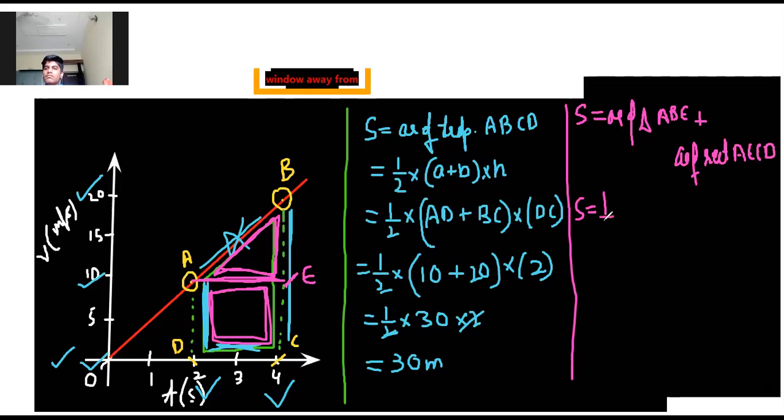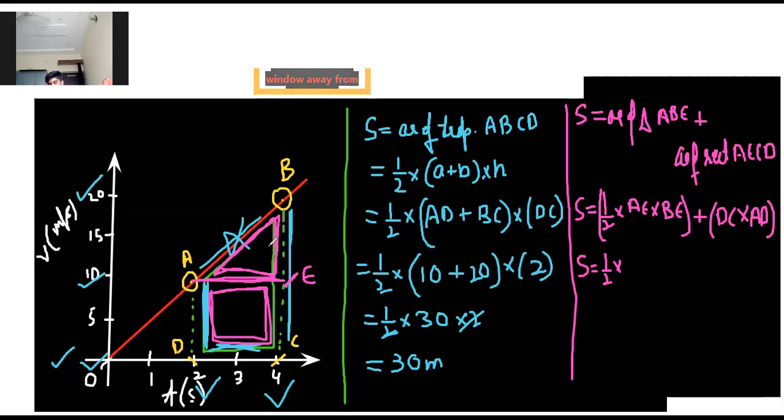First you have triangle, that is half into base. Base of triangle is AE, multiply by height. Height of triangle is BE. Kindly keep checking onto the graph. Okay, this is 1 plus area of rectangle, that is length into breadth. You can take DC, multiply by AD. So when you put the values, half into AE.